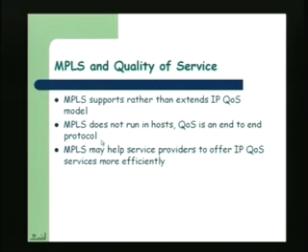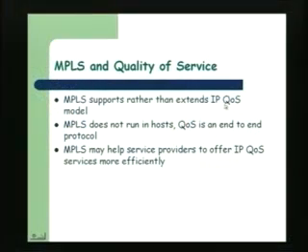So what is really meant is that MPLS can be used to provide quality of service guarantees to traffic trunks, creating label switched paths which have guaranteed bandwidth or low delay qualities. But really speaking, MPLS cannot enable end-to-end quality of service guarantees, essentially because you start seeing MPLS only from the label edge router. MPLS may actually help service providers to offer IP QoS services more efficiently.